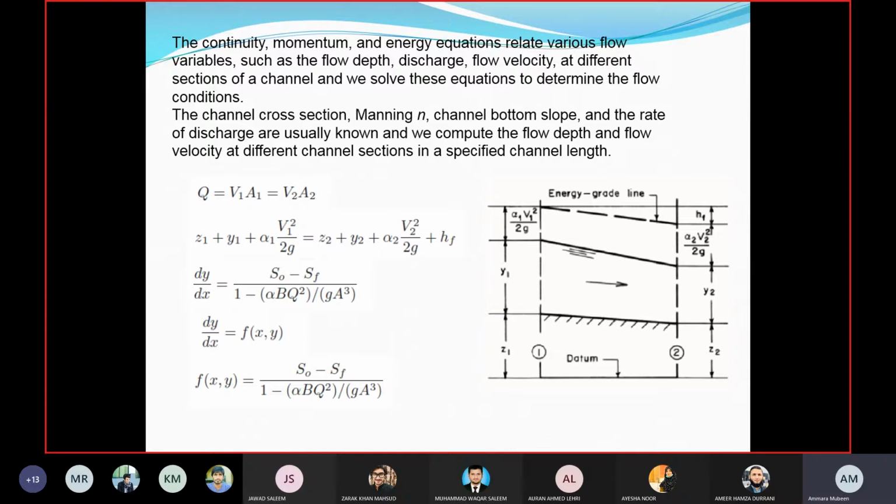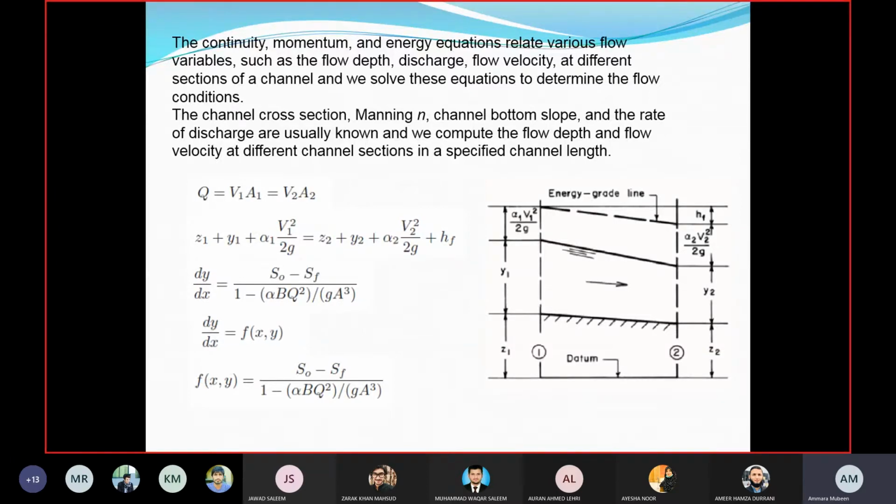These are the unknown parameters which need to be calculated when you are doing any flow analysis in an open channel: flow depth, discharge, and flow velocity. So yes, you will be using continuity, momentum, and energy equations to find out all these flow parameters.